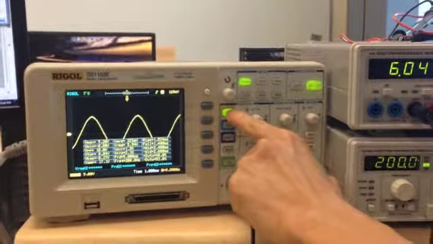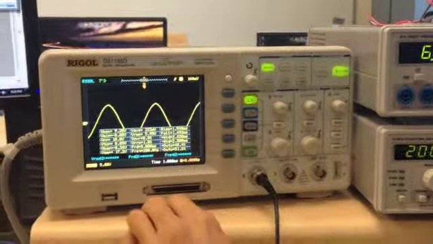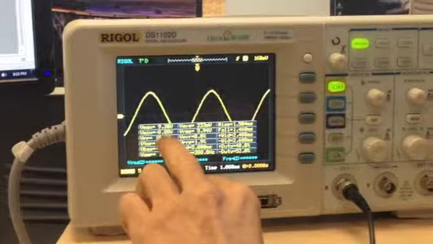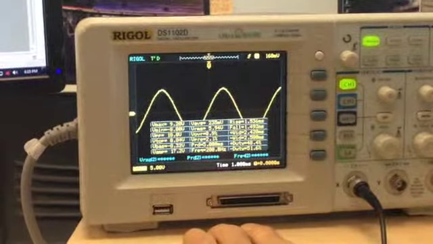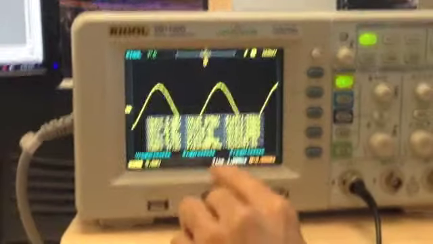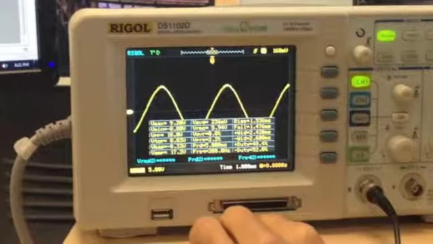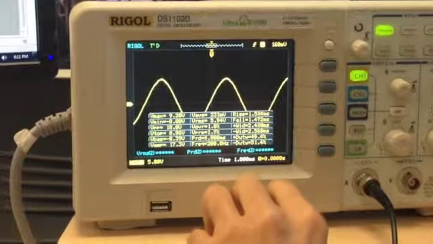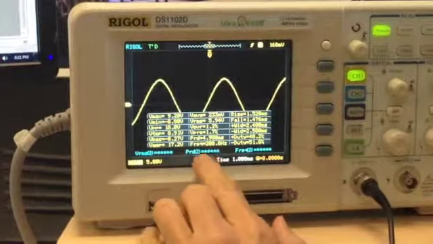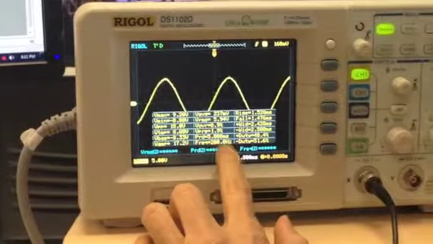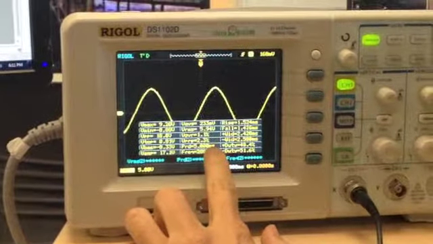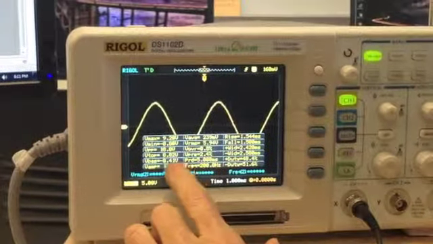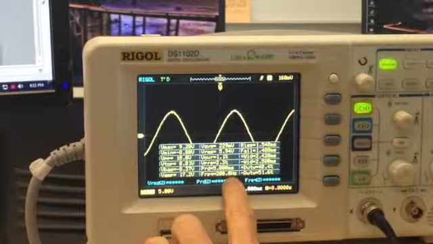It reads a peak to peak voltage of 18 volts, and the RMS voltage measured to be 5.95 volts. The period reading on the oscilloscope is 5.0 milliseconds, and the frequency measured on the oscilloscope is 200 hertz.